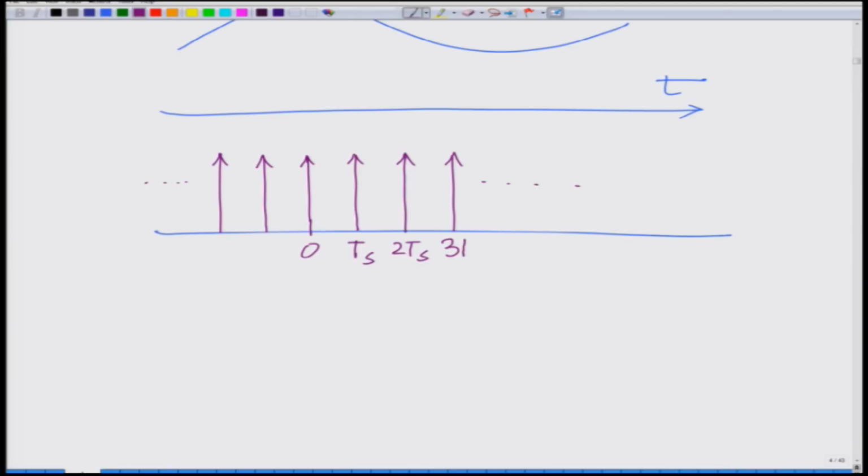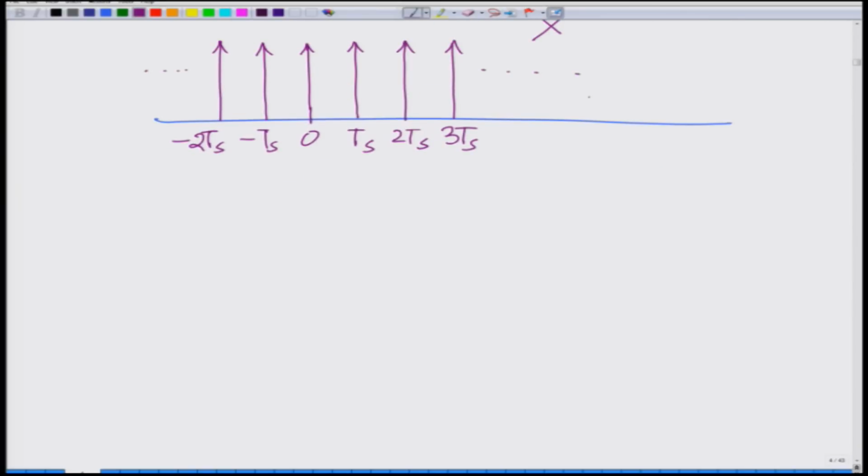What you are doing is taking the product of the original signal with this impulse train.